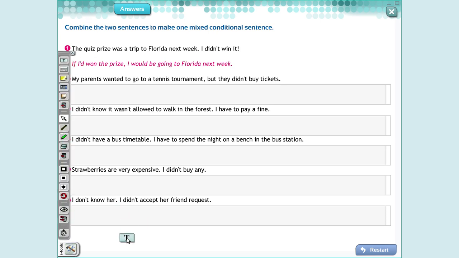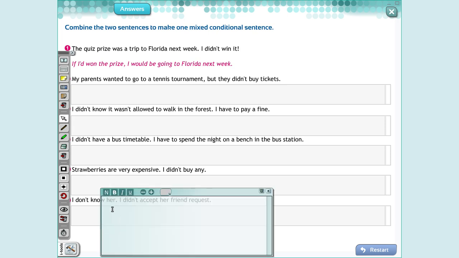When I have a present action and a past result, I use past simple and would have and my verb in the third column, right?